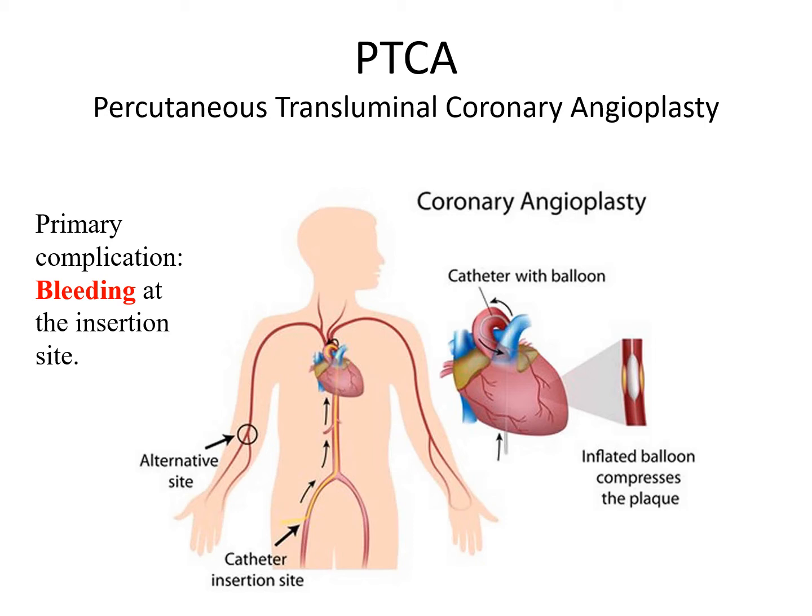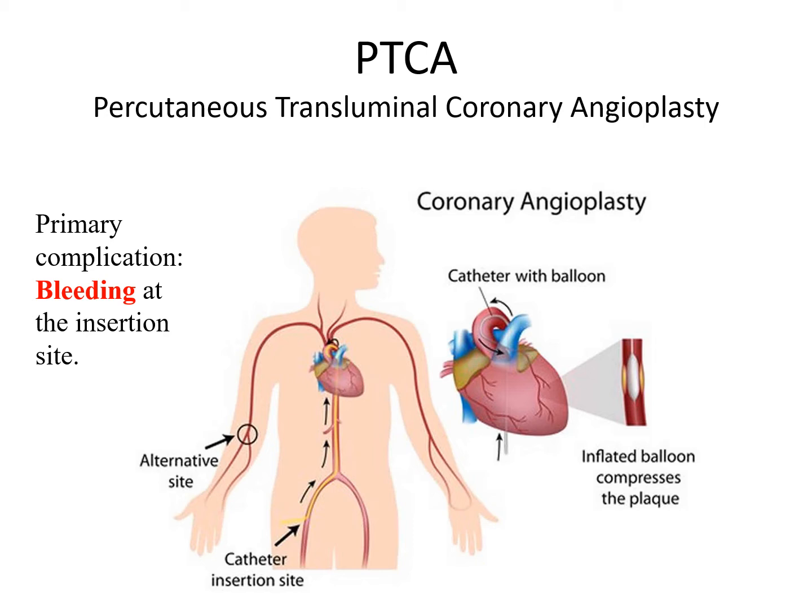This is a procedure in which a catheter is inserted most often through the groin, but also can be inserted in the brachial area in the arm. And then the catheter is advanced using a guide wire all the way up into the tiniest of the coronary arteries to try to insert a wire across the occlusion.